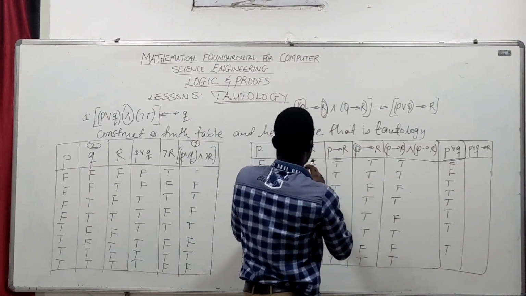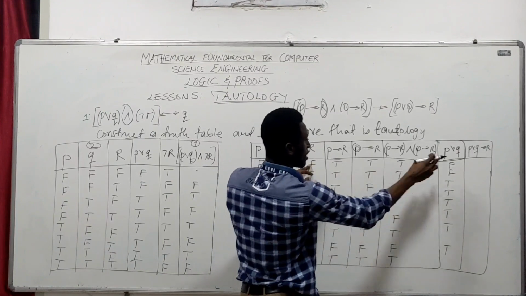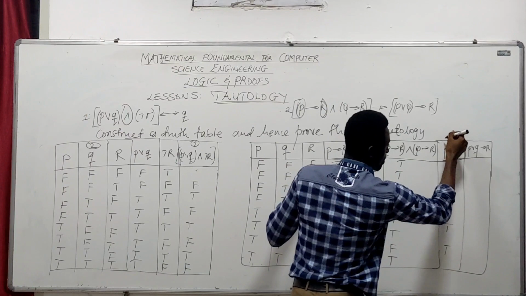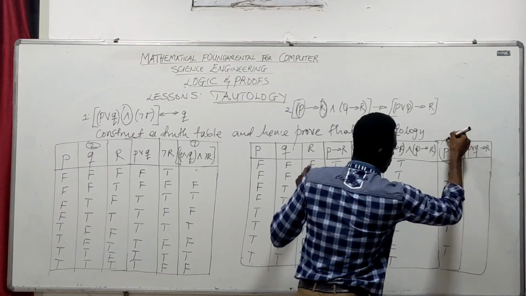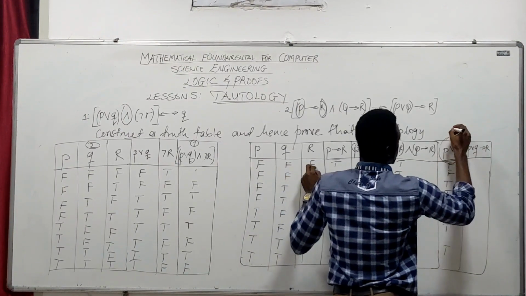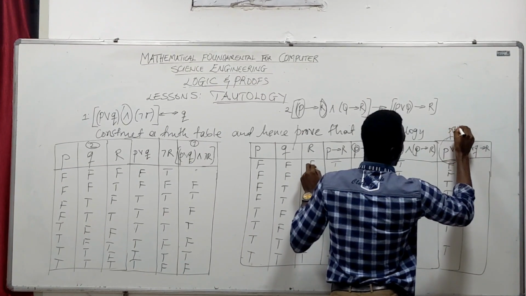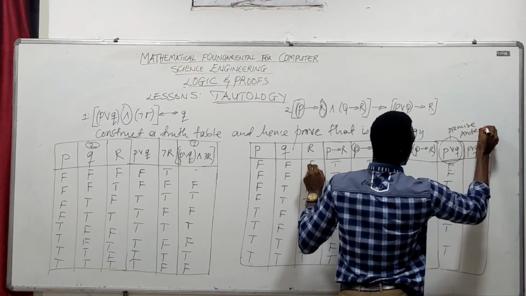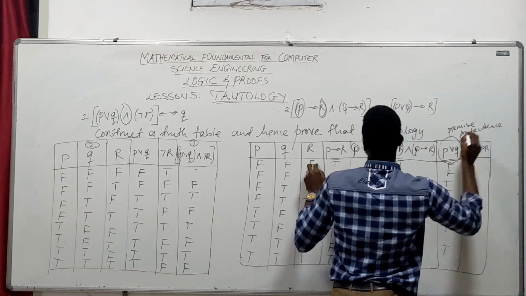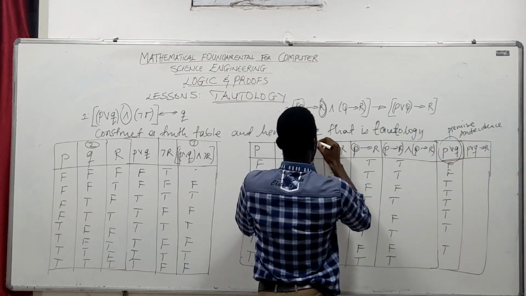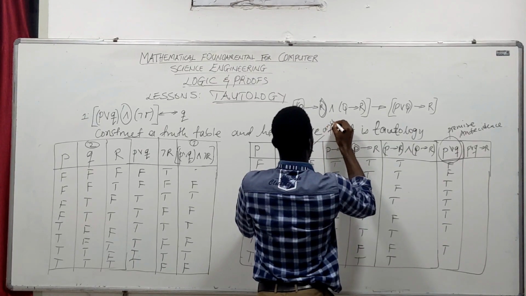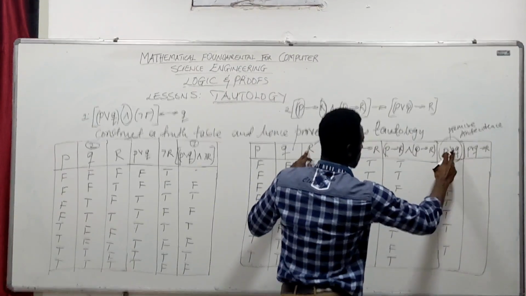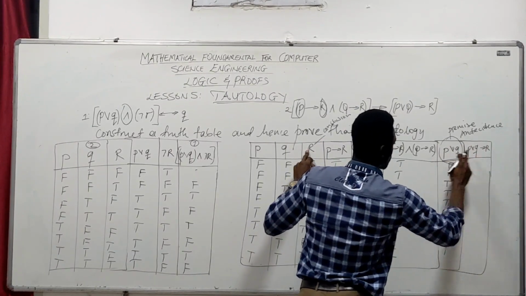Okay? So let's compare R and this. Let me simplify this one. This is our premise or antecedent, and this is our conclusion. Okay? So this implies this.